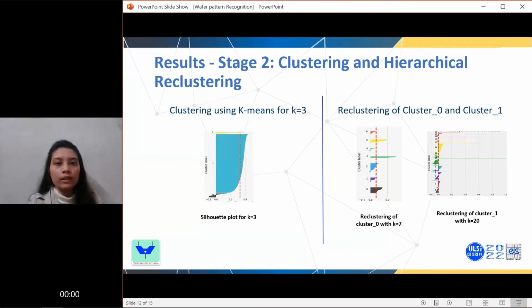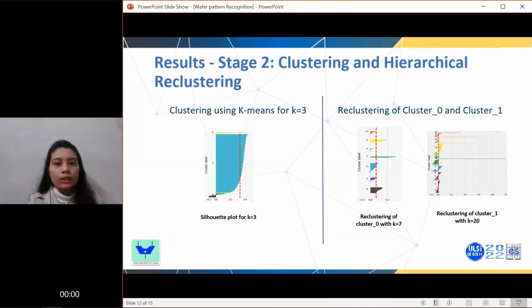So, reclustering is performed on these two clusters. While reclustering, k equals 7 for cluster 0 and k equals 20 for cluster 1 give distinct patterns and a positive Silhouette score for almost all subclusters, as shown in these figures on the right side.